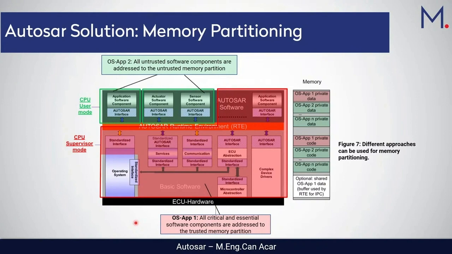There are also different concepts, like partitioning memory can be implemented in different concepts. You see one of them. OS apps are divided into two classes, trusted and non-trusted. So trusted OS apps, also called supervisor mode, and non-trusted OS apps, also called user mode. So in this example, we divide not only the RAM, but the software completely into safe and unsafe areas.